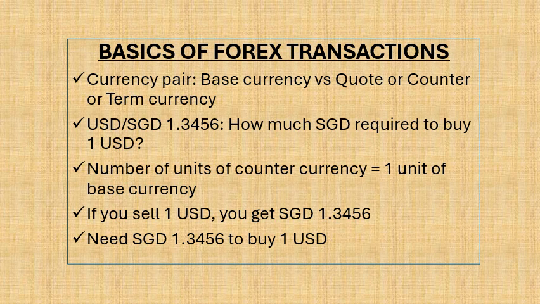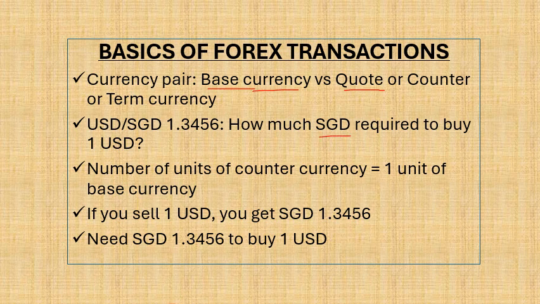Basically, we have a currency pair in a quote. The first currency in a quote is called the base currency, and the second currency is called the quote currency or the counter currency or the term currency. For example, if the quote is USD SGD 1.3456, this quote expresses how much SGD is required to buy $1.